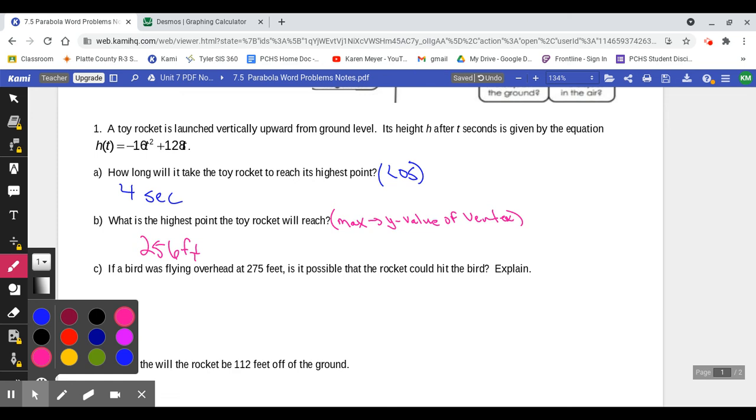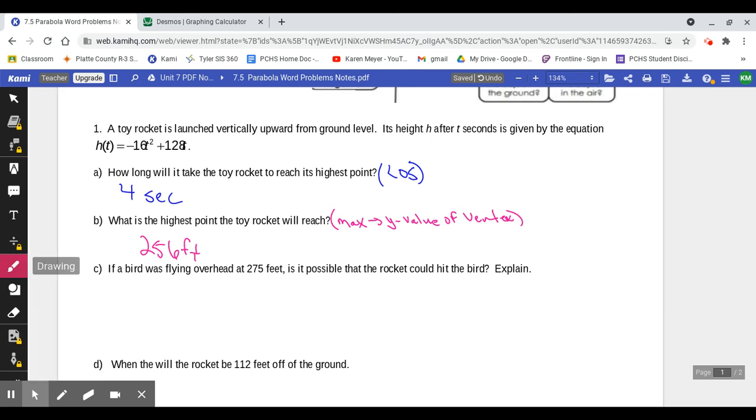All right. If a bird was flying overhead at 275 feet, is it possible that the rocket would hit it? Well, the answer for that one, we get to use the fact that in B, we said the highest it will go is 256. 256 is below the bird, so it will not hit it.